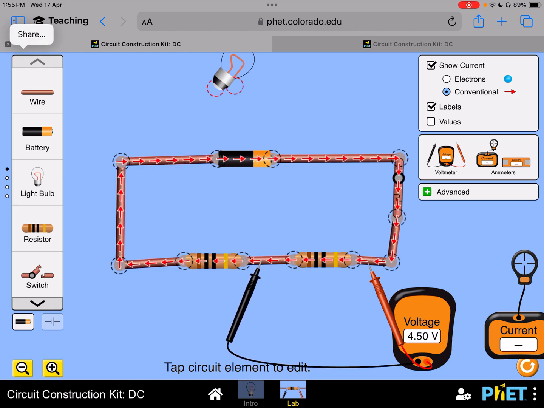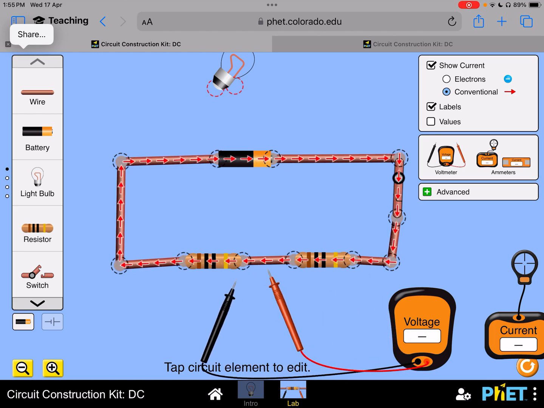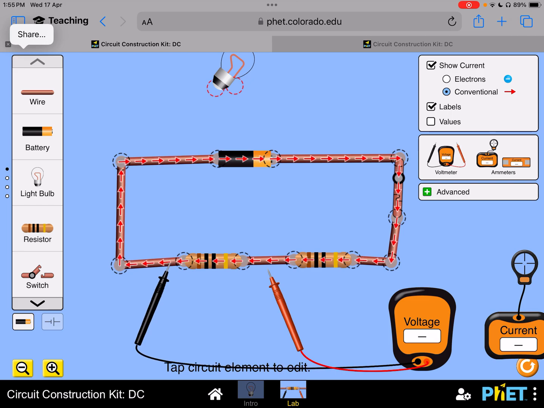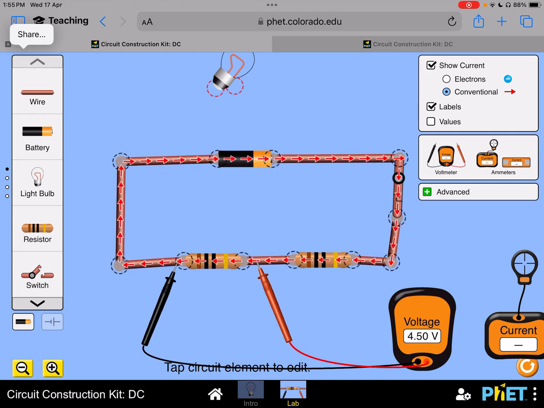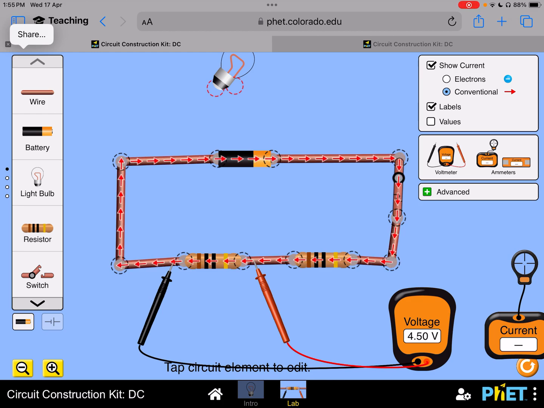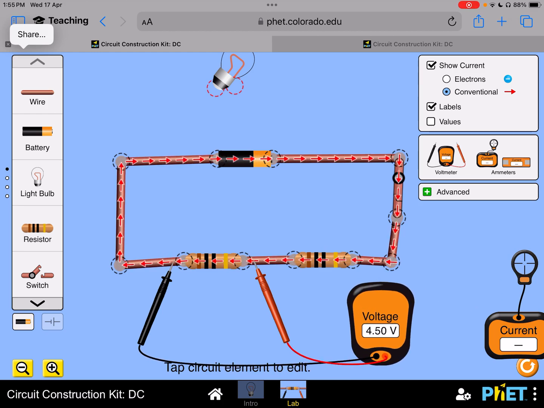Now what happens if I jump on to the next resistor? You will see that the potential difference will also be 4.50 volt. That is because these two resistors have the same resistance. This means that the potential difference across one of the components will be 4.5 volts.